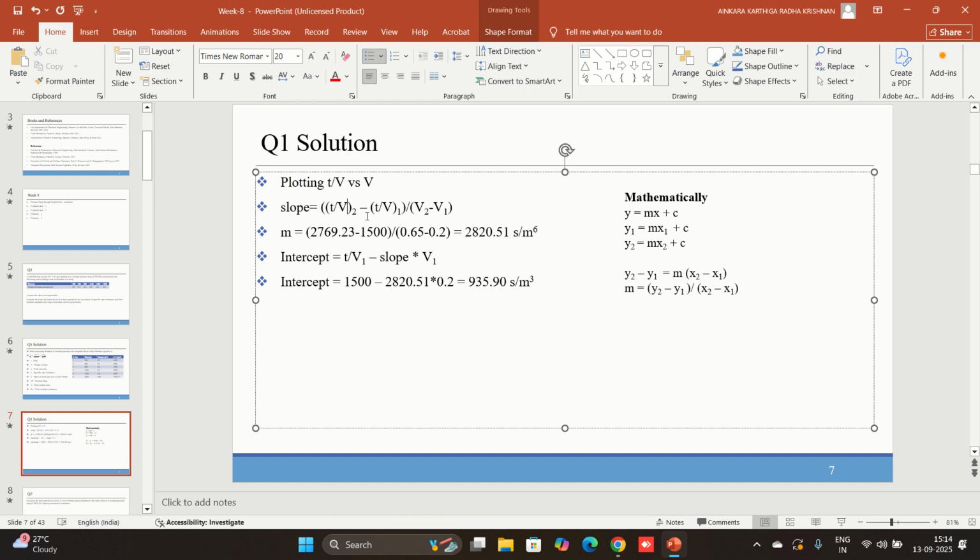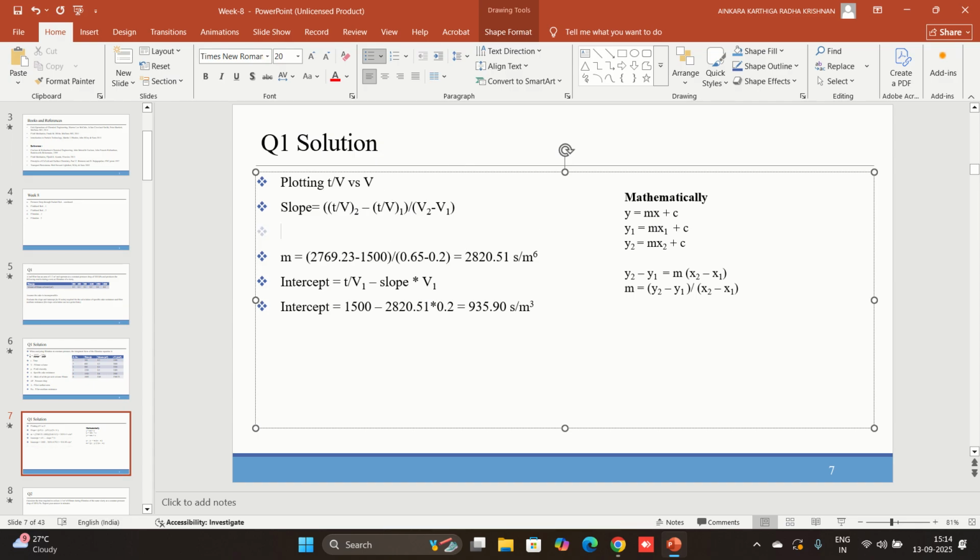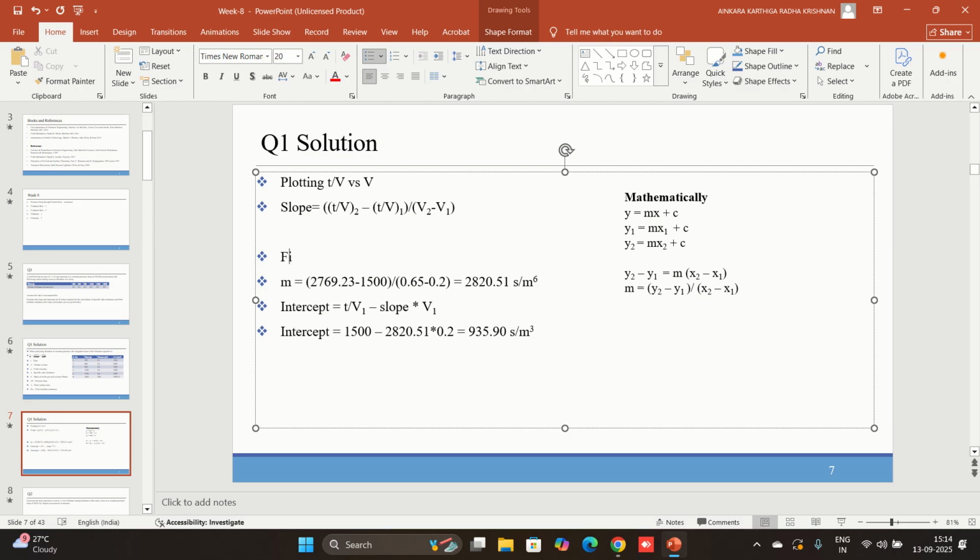So t by v at 2 minus t by v at 1 divided by v2 minus v1. So this is how we got this. It is just dy by dx, so we are doing d of t by v by dv. So it is t by v at the second point minus t by v at the first point, divided by v2 minus v1. Now we take the first and the last point.